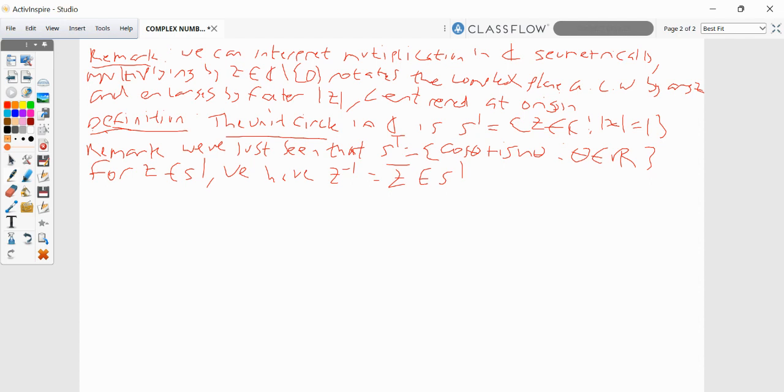Now, we met the complex conjugate in our last lecture, and it's also worth noting something that you will do later on in your degree: S1 is a group under multiplication.